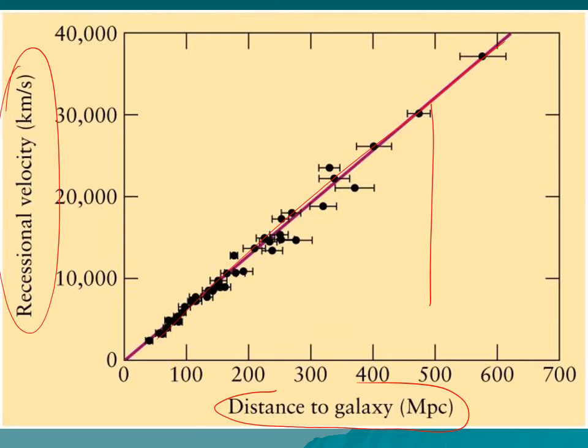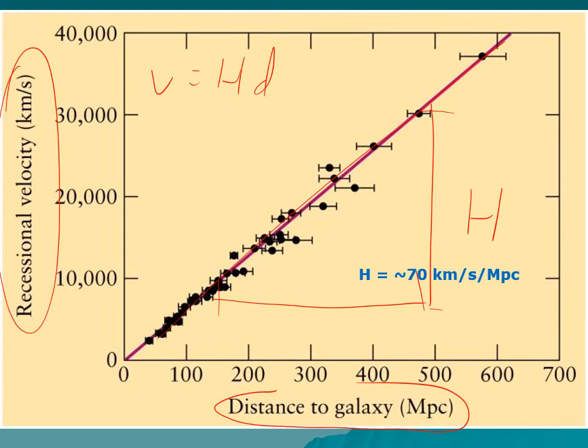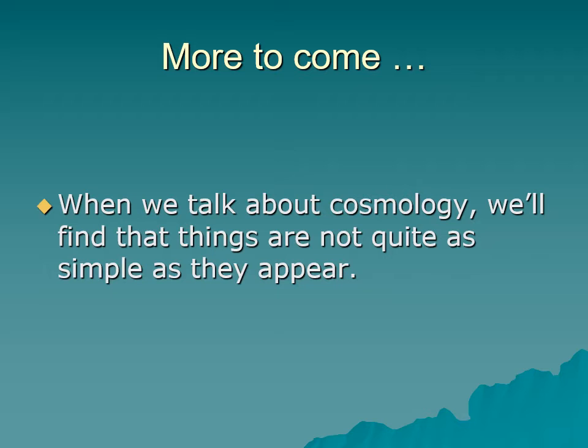The slope of that line, remember, slope is rise over run, so it'll be change in velocity divided by change in distance. That slope is the Hubble relationship. So velocity equals H times d. And again, we really ought to call it the Hubble-Lemaitre constant. About 70 to 75, modern estimates about 73 kilometers per second per megaparsec.